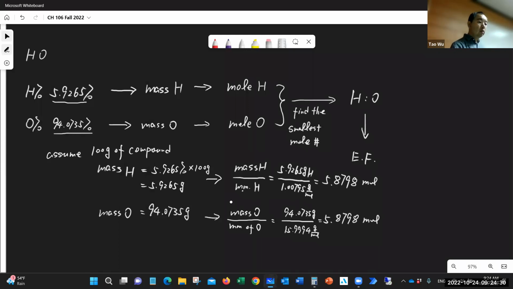Now the next part: you have the moles of hydrogen and the moles of oxygen, and you need to find the smallest mole number between the hydrogen and the oxygen. If you look at the moles of each, the good thing is both are exactly the same, so it doesn't matter which one. You can just assume the first one is the smallest mole number.